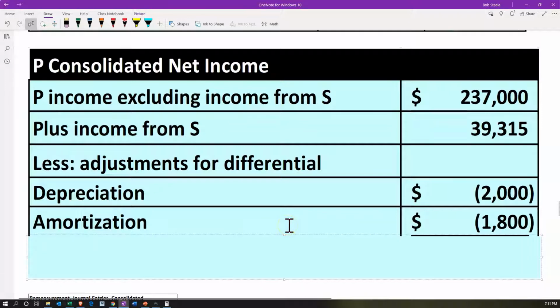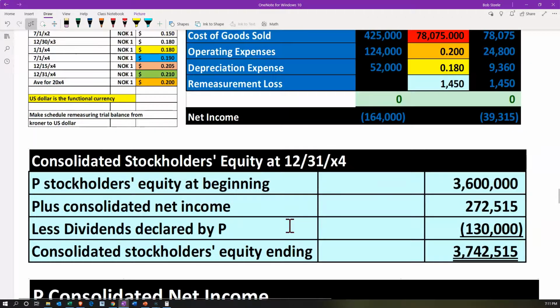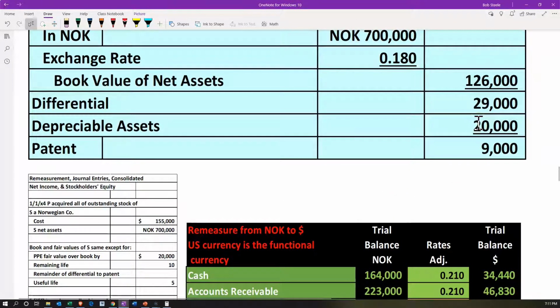Now this is more straightforward with the remeasurement because we could just simply do what we've seen basically in the past. We have these two amounts, the depreciable asset at 20,000. So now we're going to have to deal with the depreciation related to that added 20,000, and we're just going to carry that over 10 years.